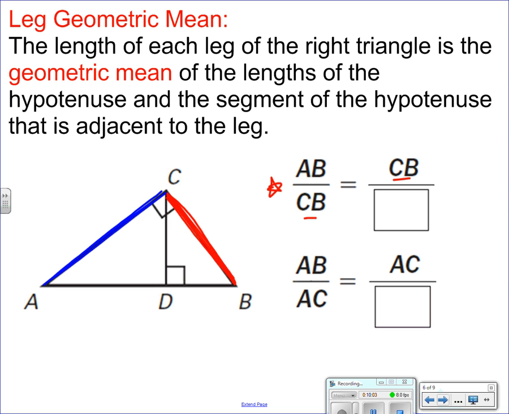So the geometric mean between the whole hypotenuse is AB, and the part adjacent to CB. So that part is DB. The other one, AC, the other leg, is the geometric mean between the whole hypotenuse and the part adjacent to it. So that's going to be just the segment of AD.